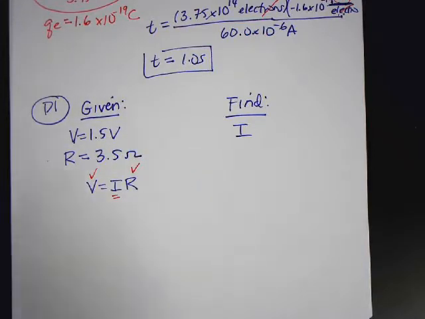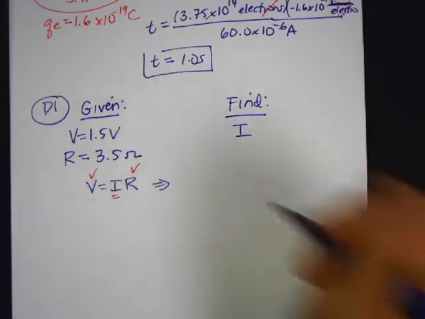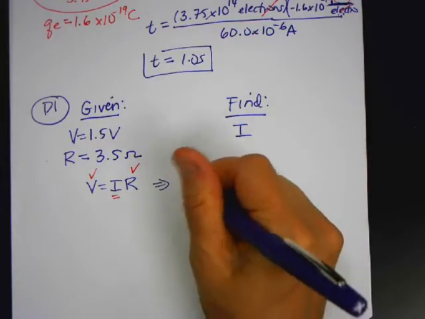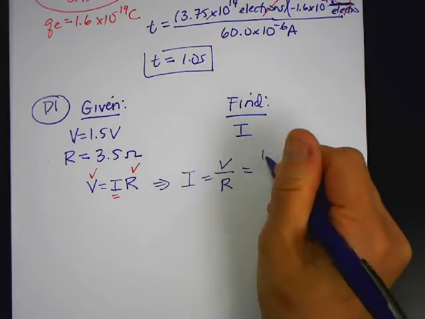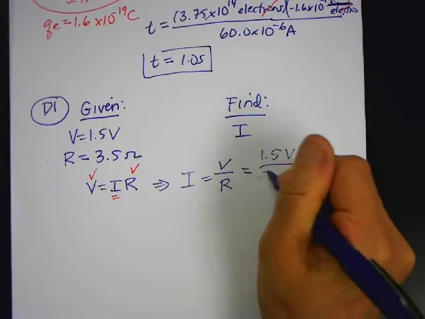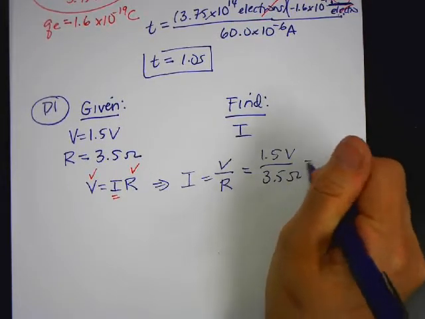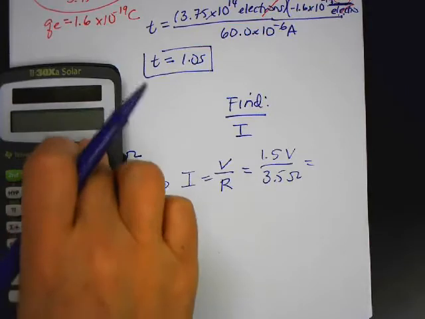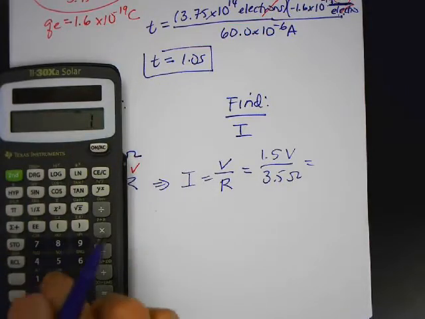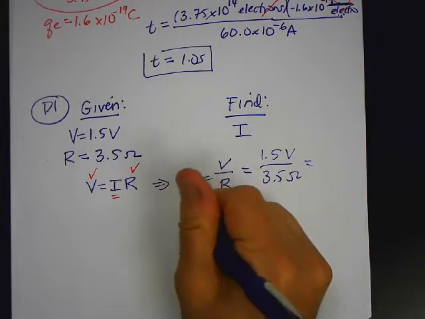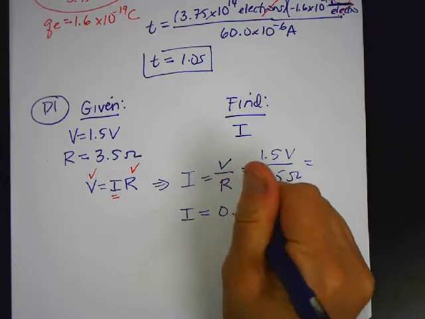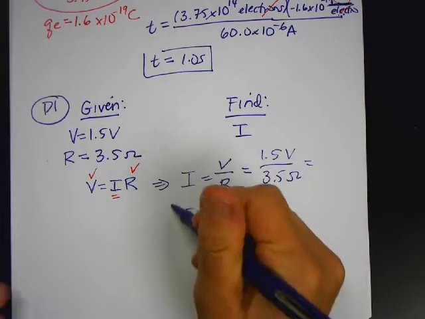So I'm going to rearrange the equation to solve for the unknown in terms of the known. I is equal to V over R, so this is 1.5 volts over 3.5 ohms. 1.5 divided by 3.5 is equal to 0.428, so I is equal to 0.43 amps, and that's it.